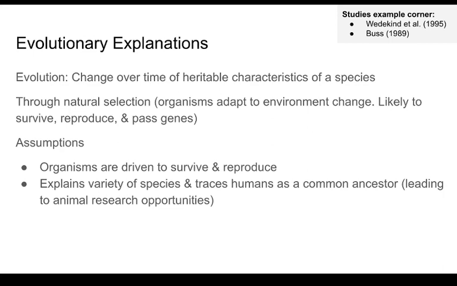The thing with the biological explanations that I explained before, and with the sociocultural explanations that I will be discussing in my next few sessions, is that they tend to be reductionist. So they only focus on that specific aspect, and it's hard for them to integrate and tie it to different approaches. So evolutionary explanation can be that one thing that ties them all together.